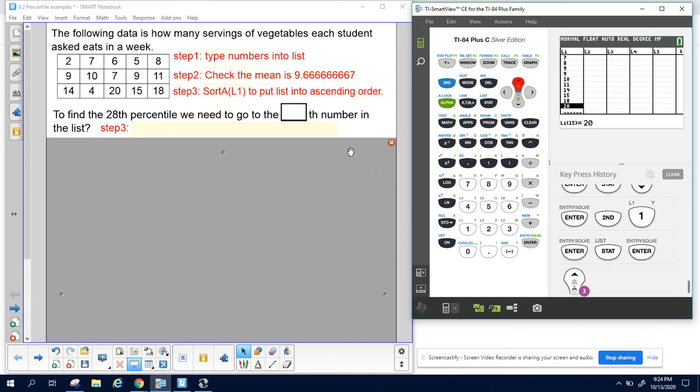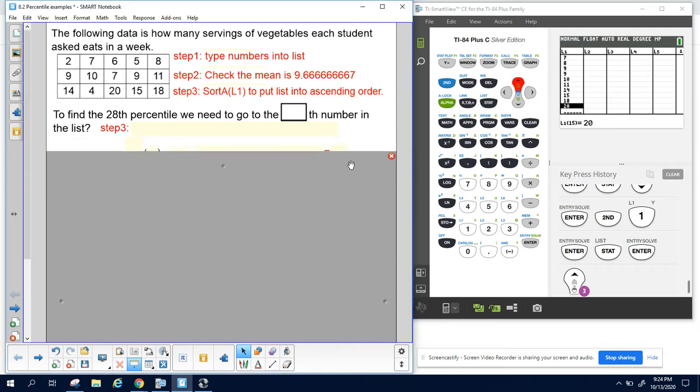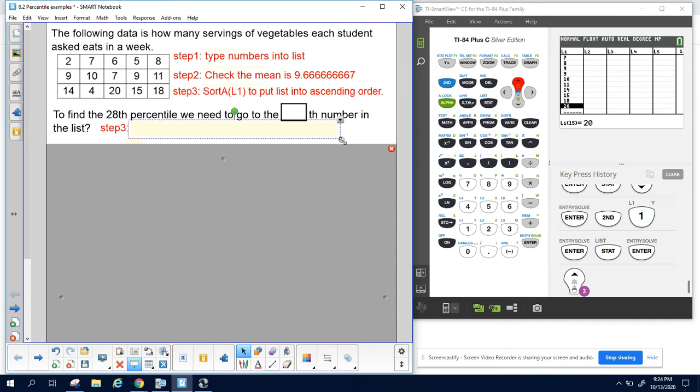All right, we're ready to work a problem. To find the 28th percentile, we need to figure out where to go in the list. These are the steps you need to do.